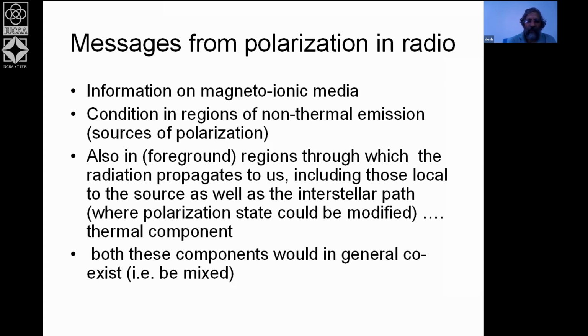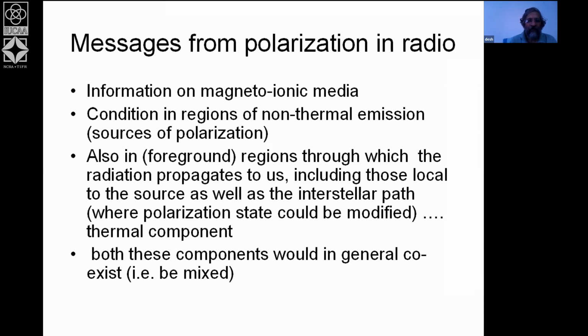And if there is any emission on the way, we will see it, as well as the foreground, if it has a thermal plasma and presence of magnetic field, it will modify the polarization state of the signal passing through, an effect that we will see, a Faraday rotation.